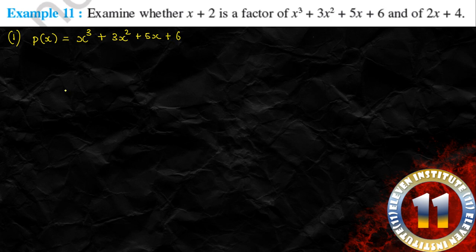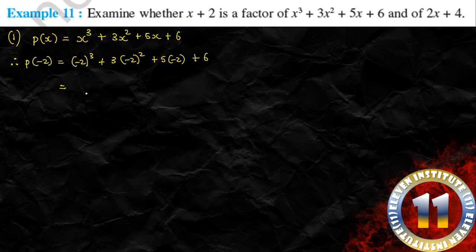Now what will we take? This is x plus 2, so we will take -2. So now we will find p of -2. We can write over here -2 the whole cube plus 3 into -2 the whole square plus 5 into -2 plus 6, right?